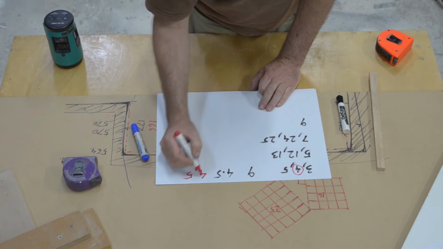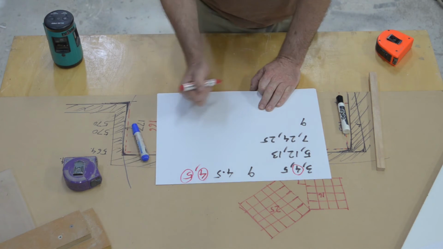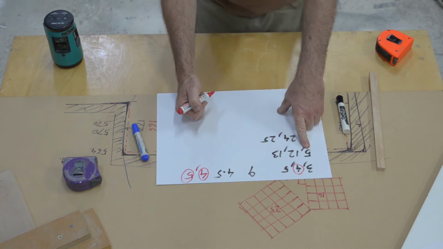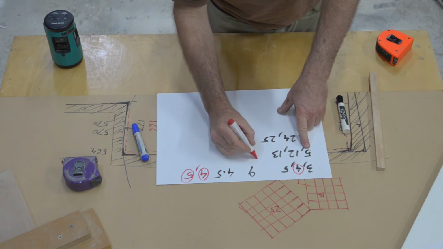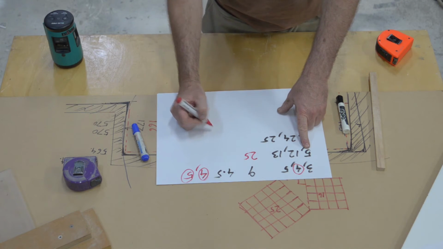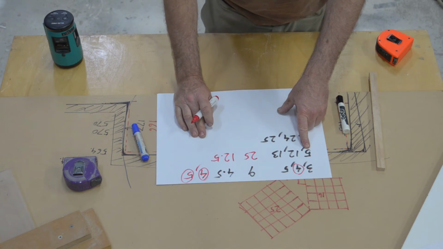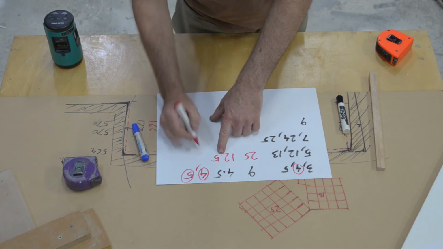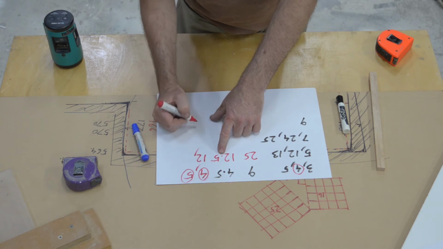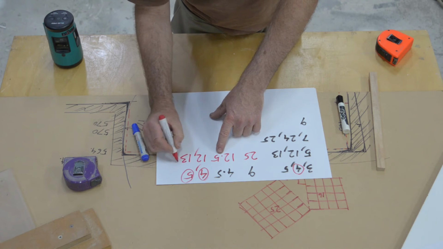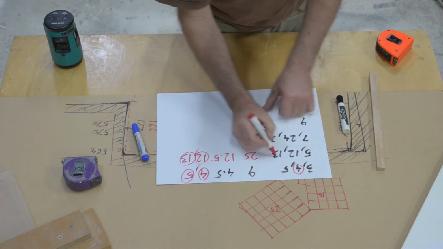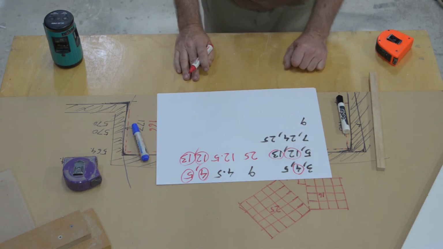So that's how we achieve those two. Next one, 5 fives are 25. Divided by 2, it's 12.5. Okay. Take away the half, we've got 12. Add the half, 13. So here you can see those two numbers are here.